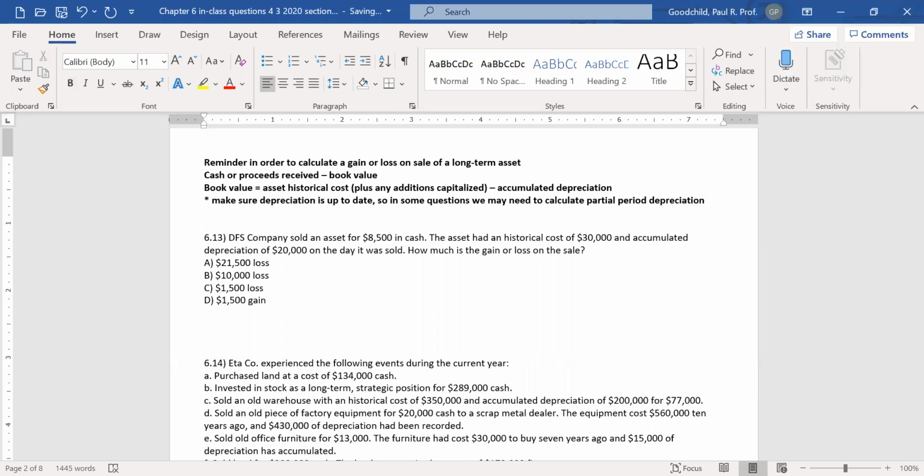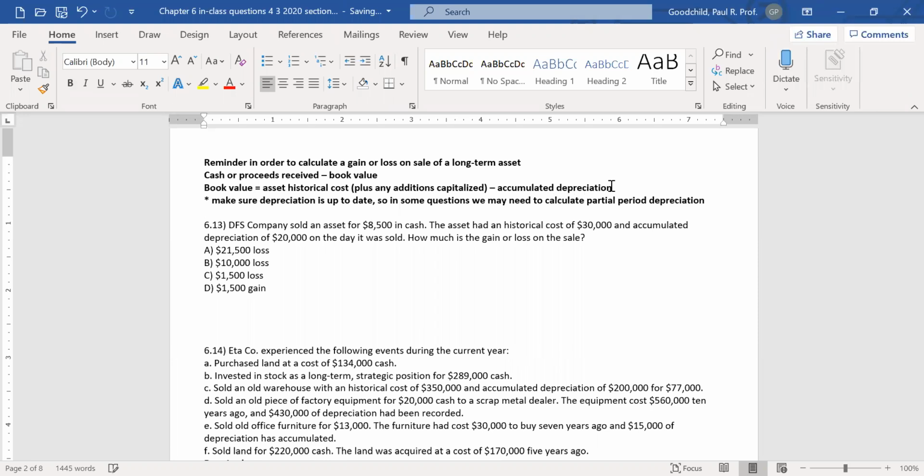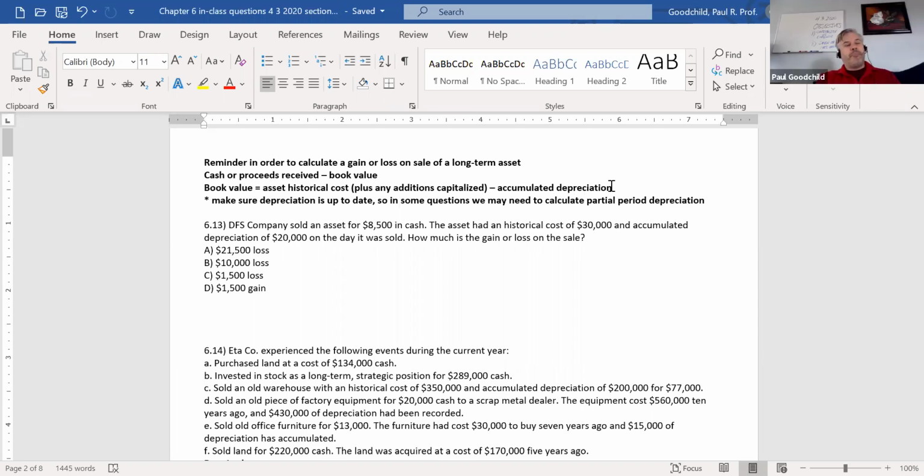If you had salvage value, would you still have to subtract that out from the cost when you're doing the book value, even though you're selling it beforehand? By setting the salvage value, you're assuming that at the end of that time you'll have a book value that is approximately or exactly that salvage value. In an ideal world, your estimate would be perfect, and at the end of the time you would sell it for that.